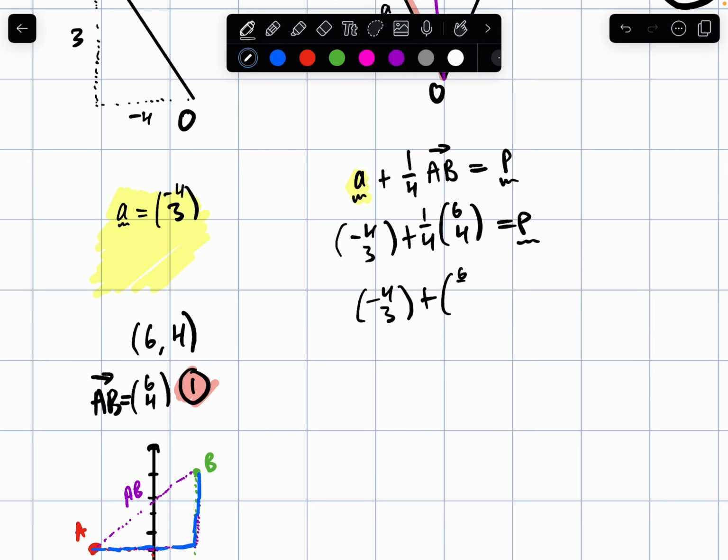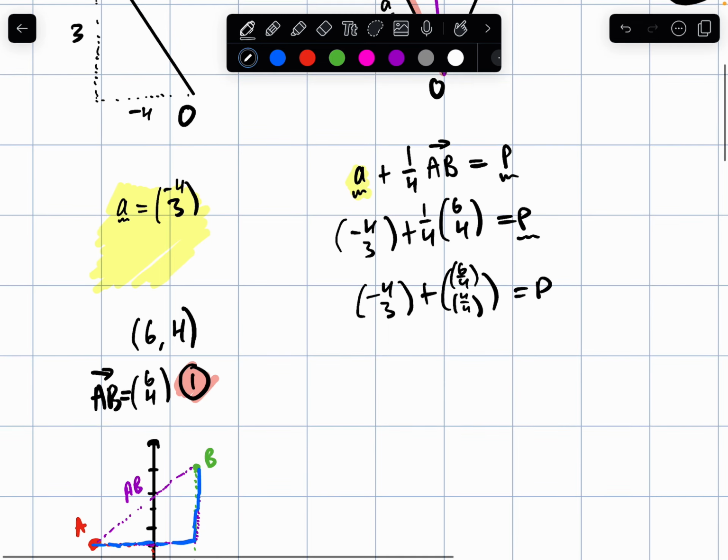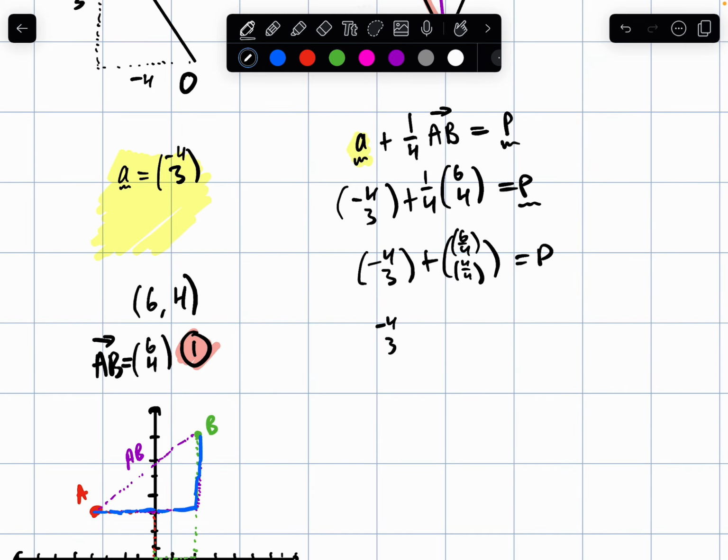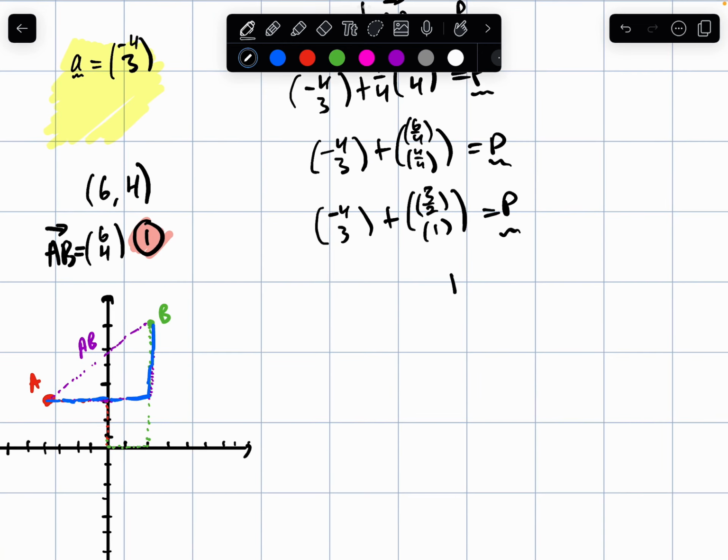So 6 on 4, 4 on 4 equals P. Simplify the fractions, -4, 3, plus 3 on 2, 1 equals P, and then actually add them together.